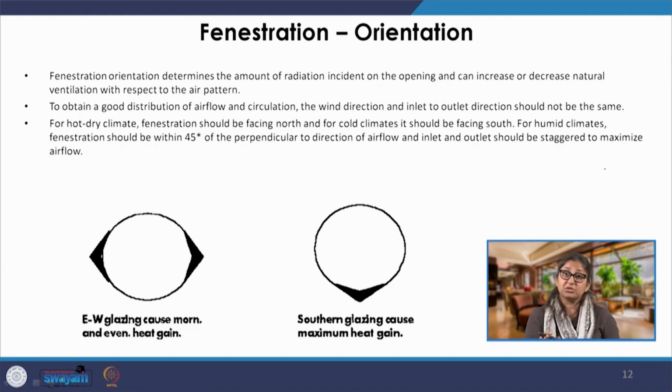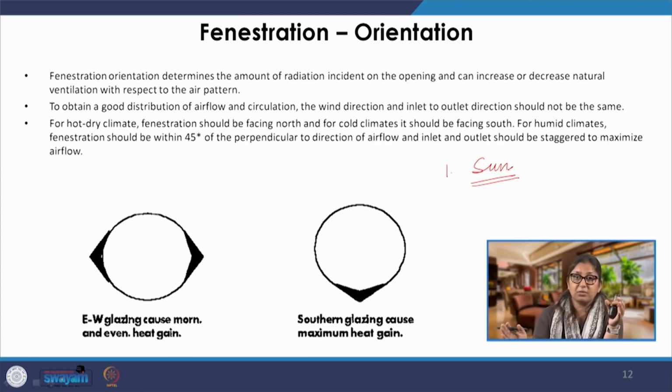And then fenestration orientation. Now, there are two factors which determine the orientation of fenestration. One is sun. Windows often bring in a lot of solar radiation.